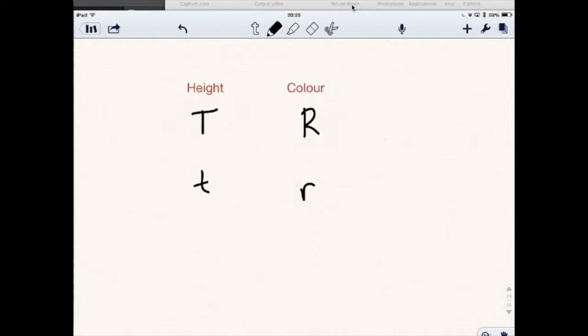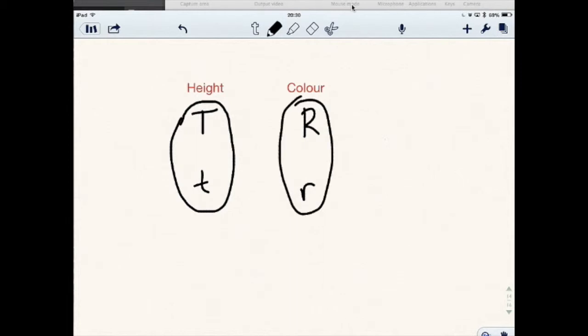These are examples of factors, and the factors that are bound by the same characteristic oppose one another's functions. The big T will give rise to a tall pea plant, whereas the small t will give rise to a small pea plant. The big R will give rise to a red pea plant, and the small one will give rise to a white pea plant.